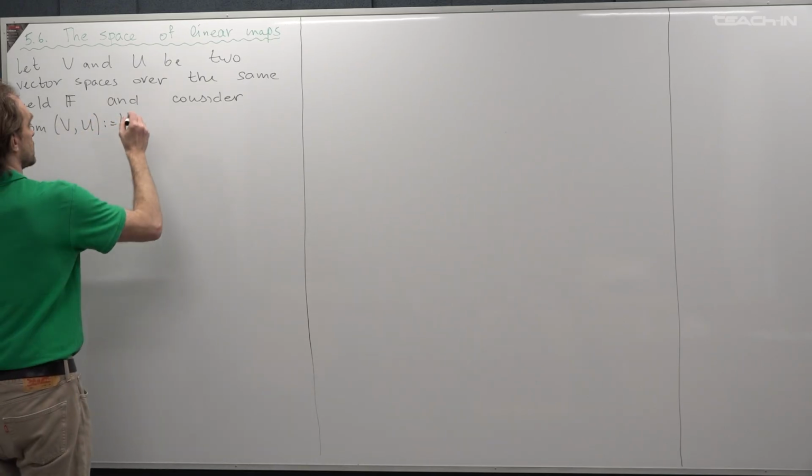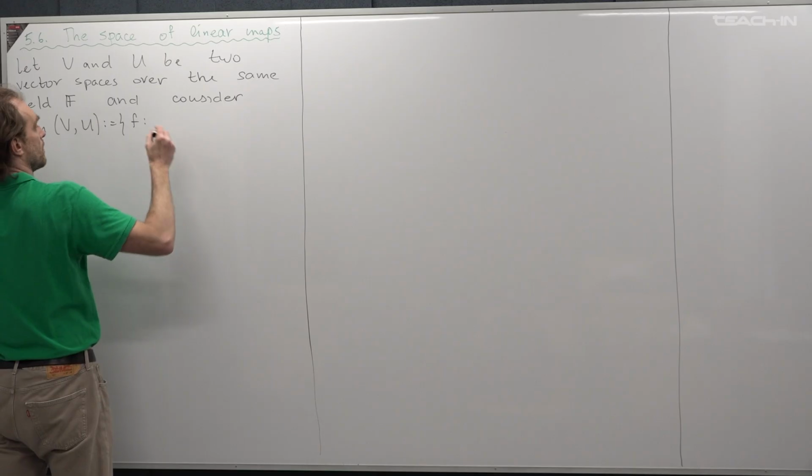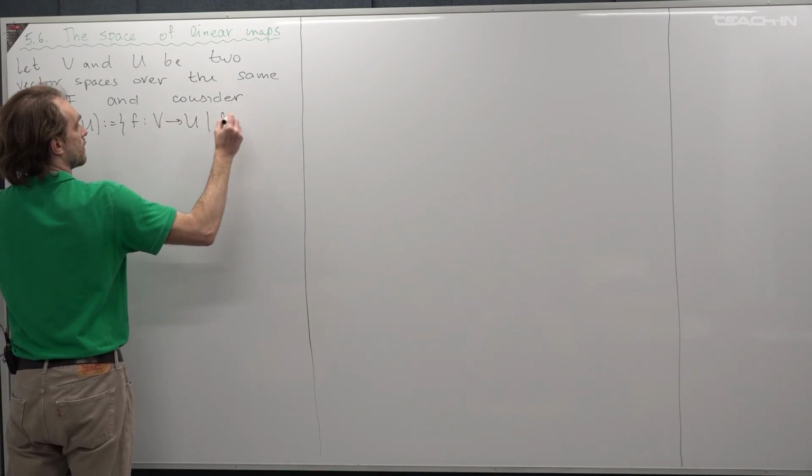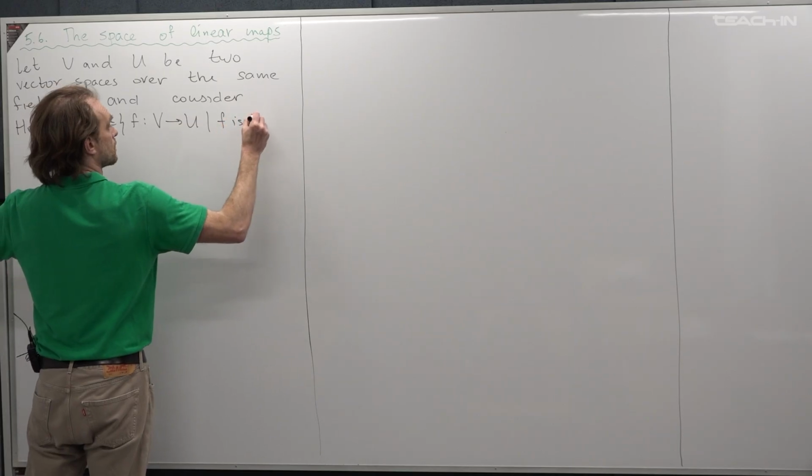So this is the set of all mappings f from V to U such that f is linear.